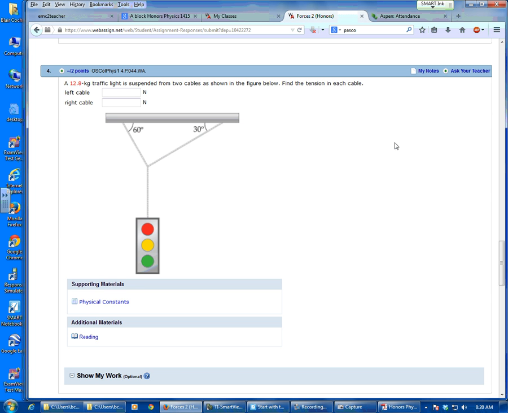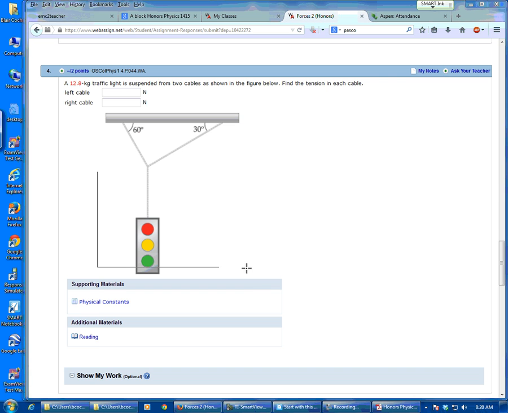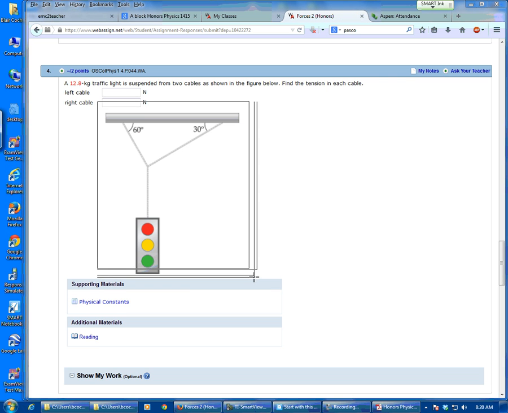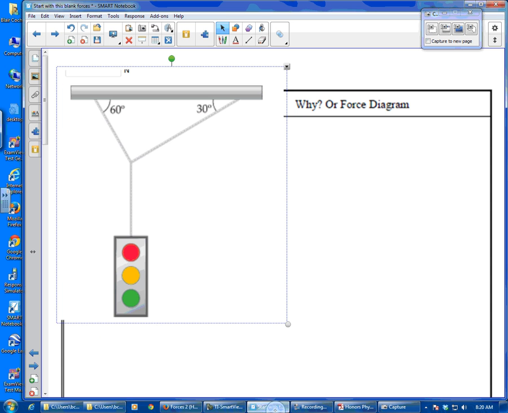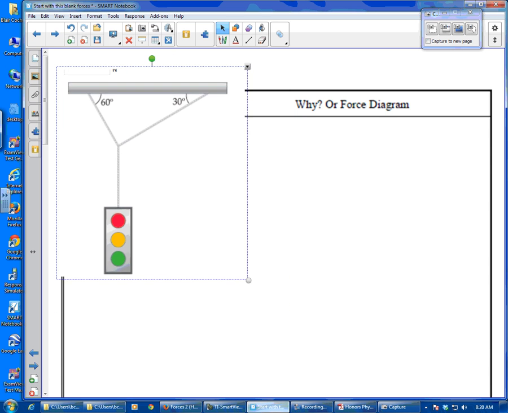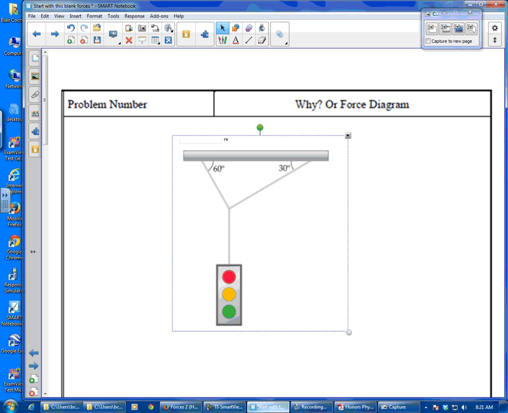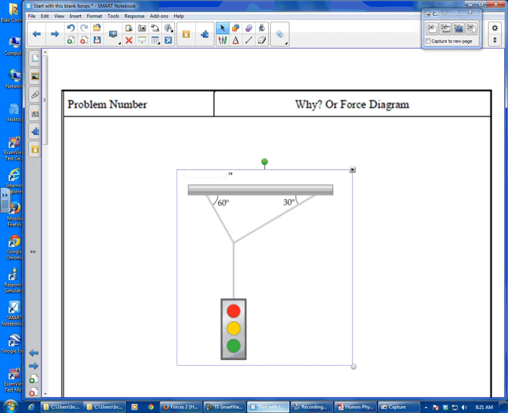I'm going to grab this so I don't have to redraw it. They did such a nice job drawing it. See how that came through. So this is number 4.